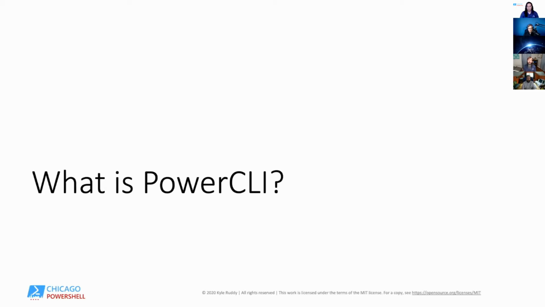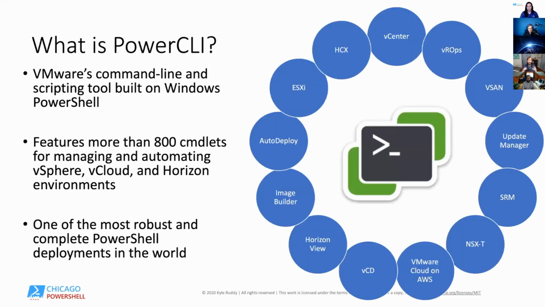Okay, so PowerCLI. This is really cool. This is VMware's command line and scripting tool that's built on top of Windows PowerShell. So this is just a set of modules. Last I looked this morning on the PowerShell Gallery, I think there's 26 different resources assigned to VMware's organization. I believe 23 or 24 of those are dedicated to the package collection that is PowerCLI.